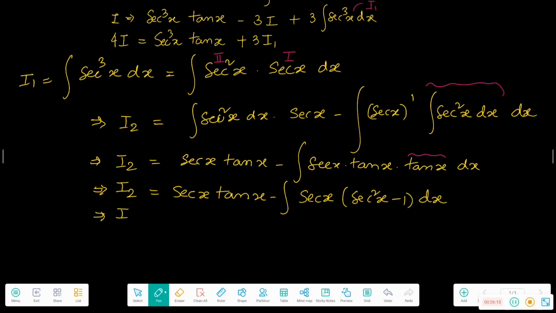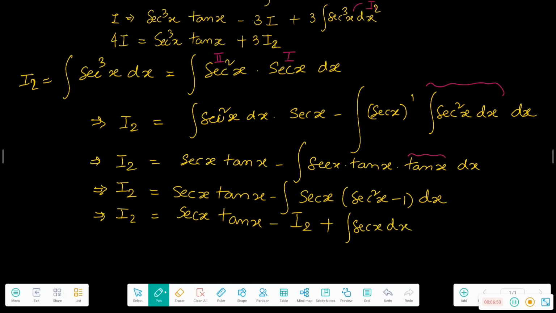So that will give us I2 equals, let us make this in sync. We started with I1, we changed it to I2, so I'll go back and make them I2 so that there is no confusion. So I2 equals secant x tan x minus I2 plus integral of secant x dx.